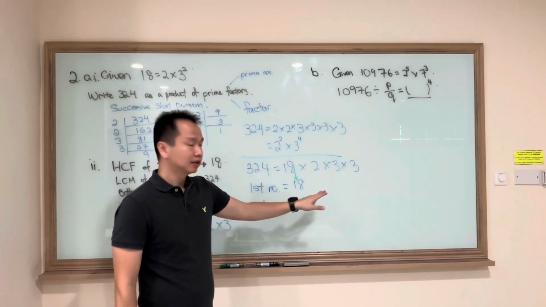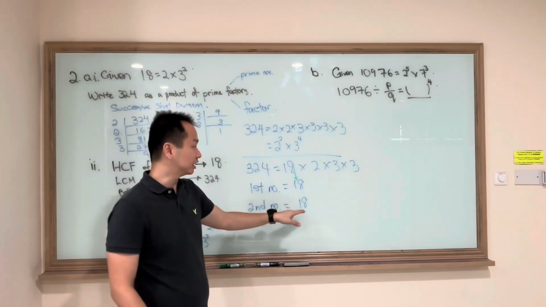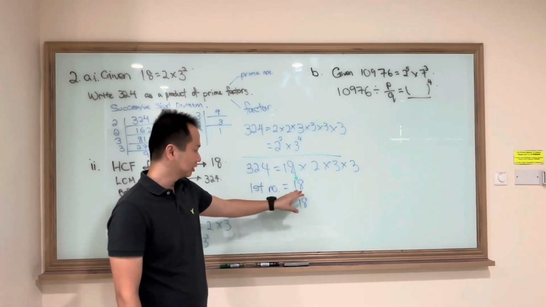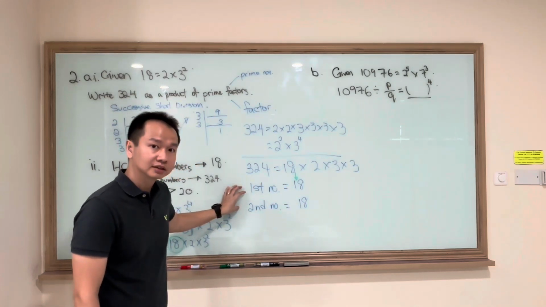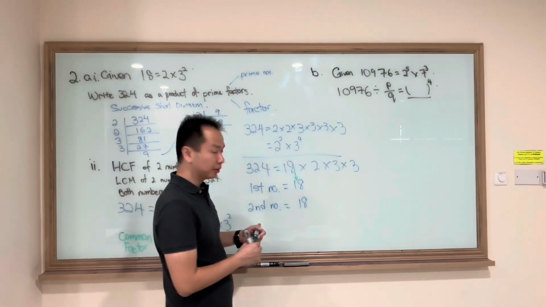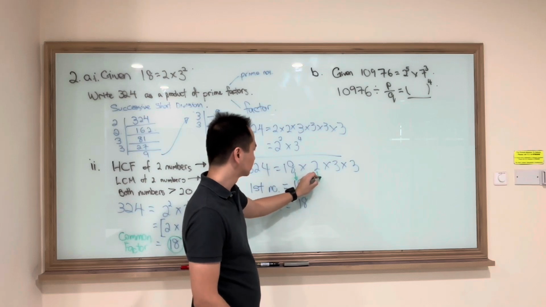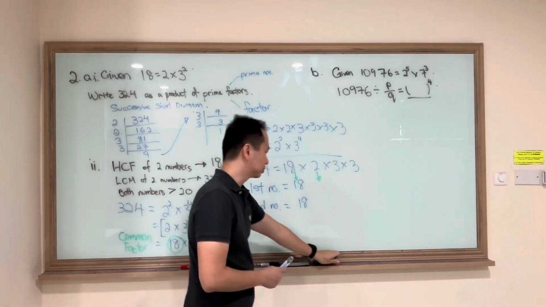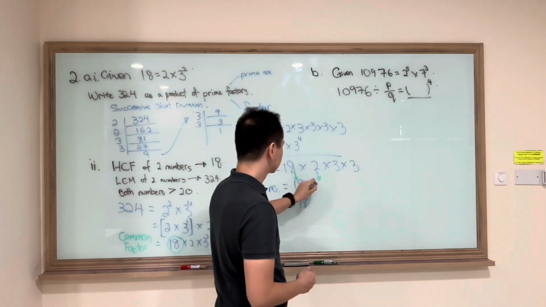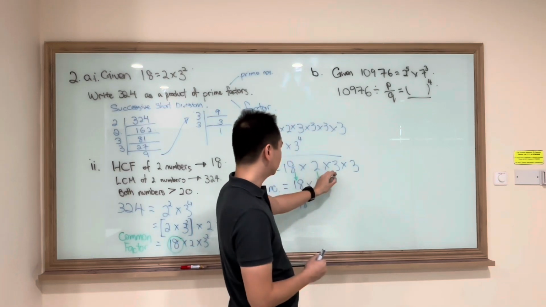That means these two numbers, other than 18, cannot have any number that is bigger than 18, because their highest common factor is 18. So how can we solve that issue? We can just bring it down. So this one times 2, and then we bring these two numbers down to the next number.